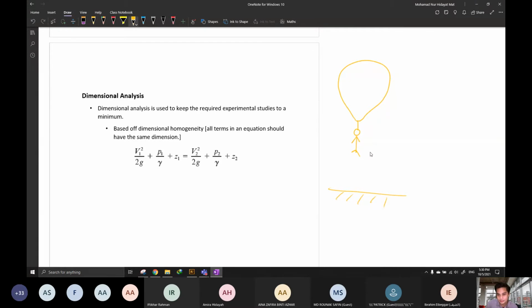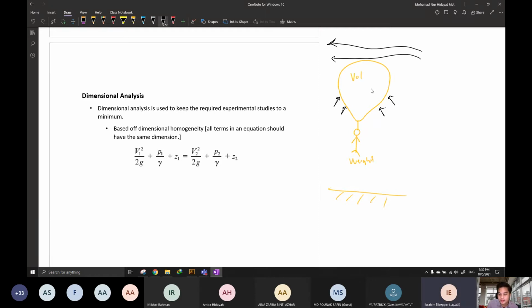Normally, maybe you investigate the size, the volume of the balloon, maybe the weight, and then the air resistance. Some more, maybe the buoyancy force, and then the flow of air circulation, the flow of air from which direction.